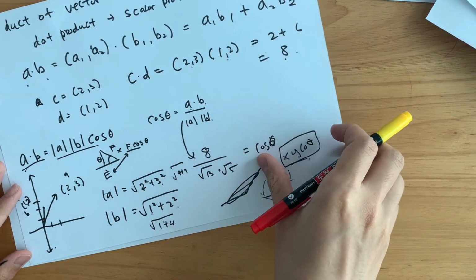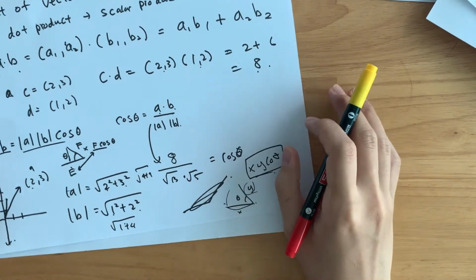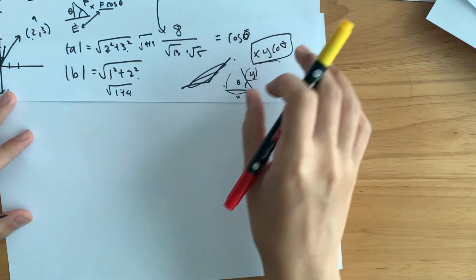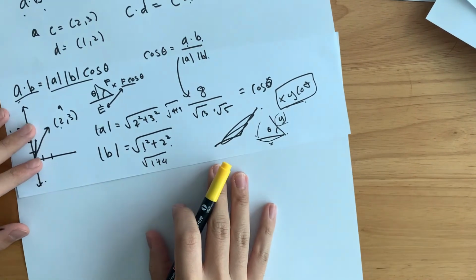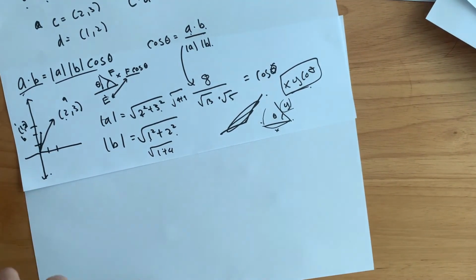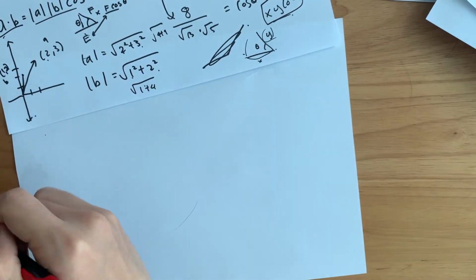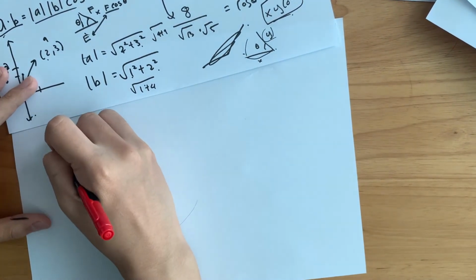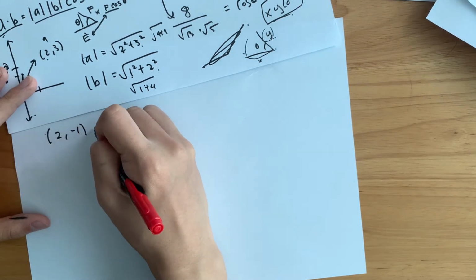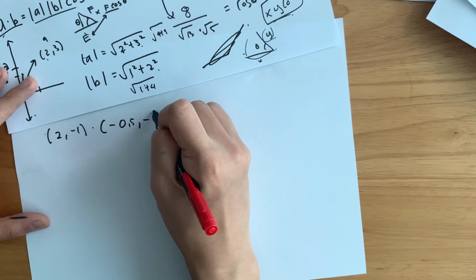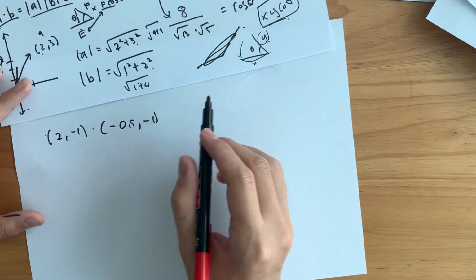I'll show you more examples. Let's say we have (2, -1) and (0.5, -1).